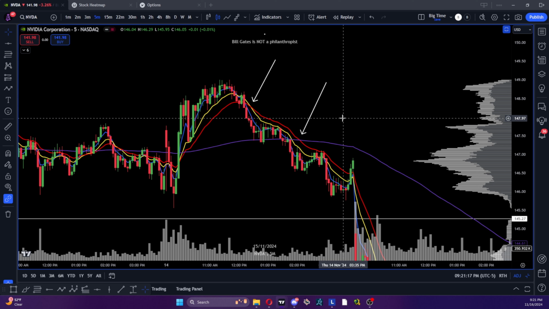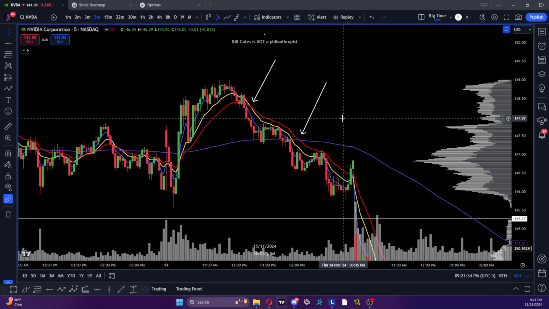Absolutely not. I do not use EMAs for anything more than confluence to my already made decision to take a position. Because I do use 4 hour levels, right? I draw levels on a 4 hour and 8 hour chart.